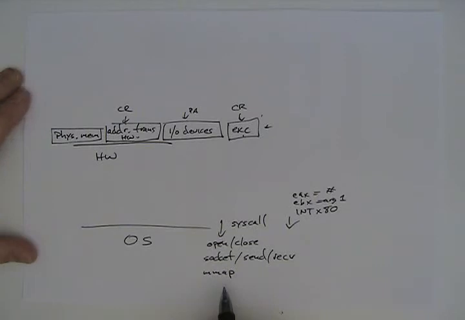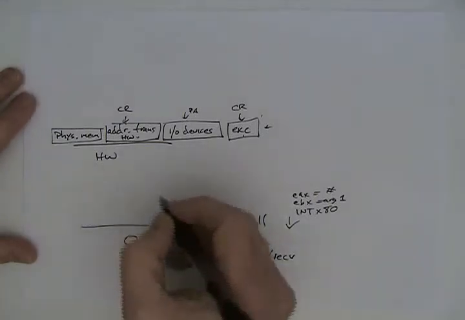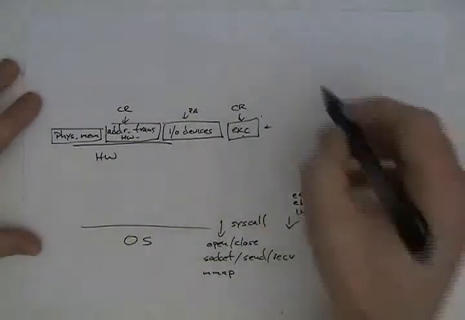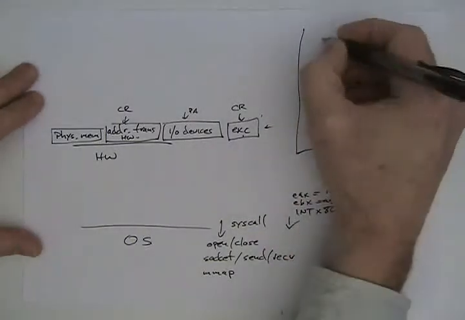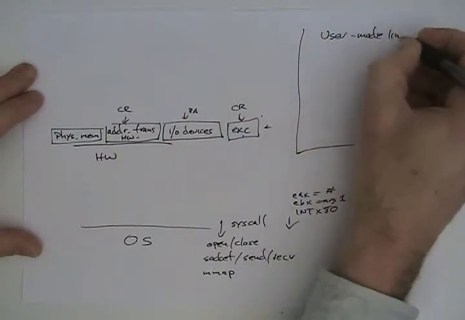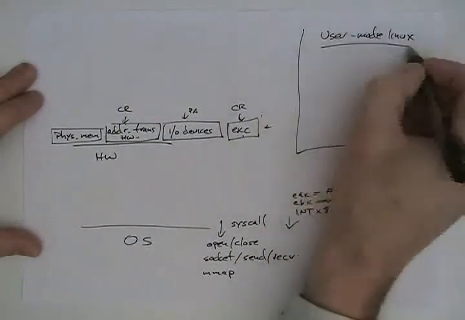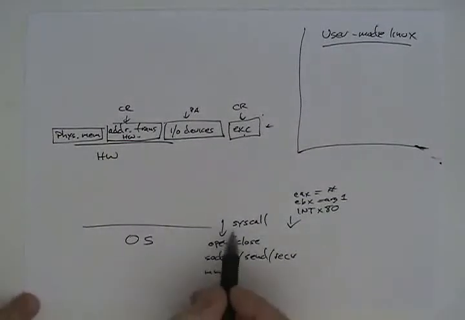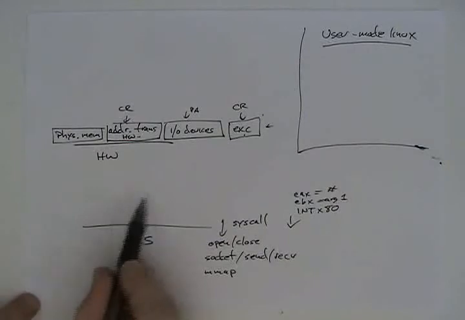So the case I mentioned of user mode Linux is a case where someone looked at this interface and said, can I write an OS that runs on top of this?